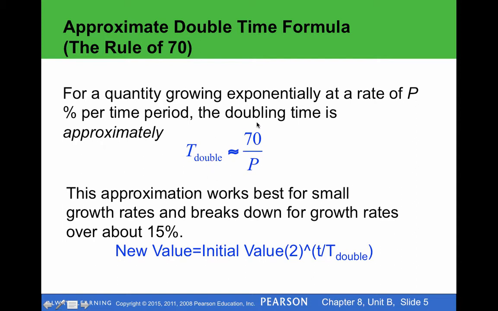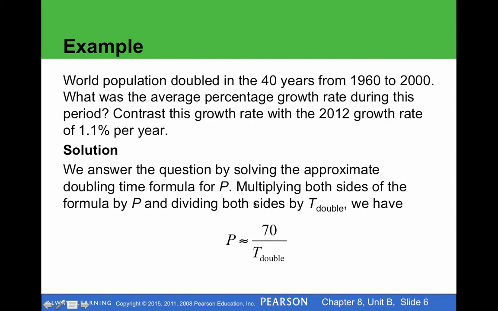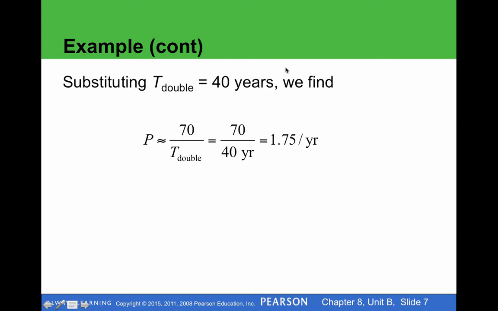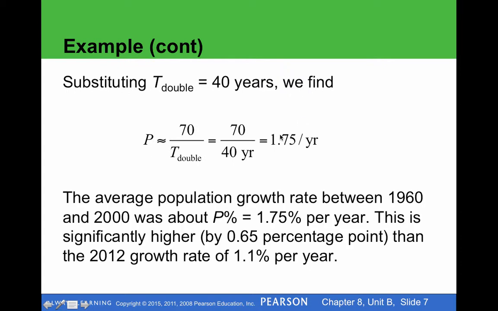If I multiply both sides by p, then it would be p times t double equals 70, and then I divide by t double. They essentially just switch spots. So whenever we want to solve for p, we can just switch them and take 70 divided by the time to double, which is 40. 70 divided by 40 is 1.75% per year.